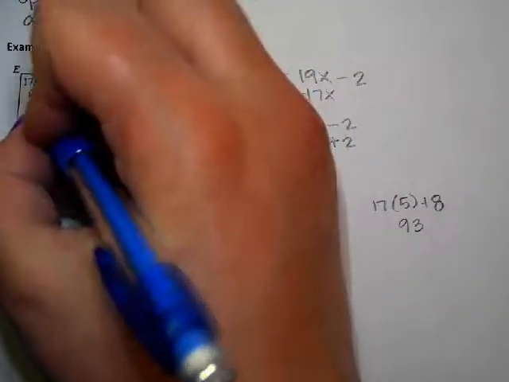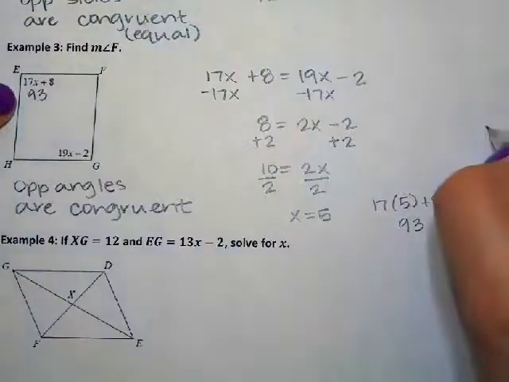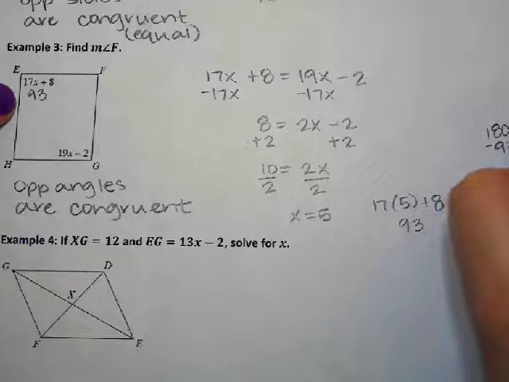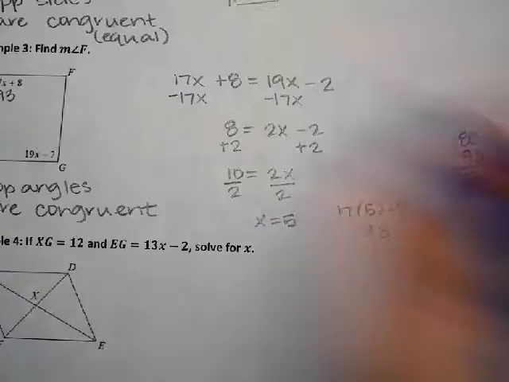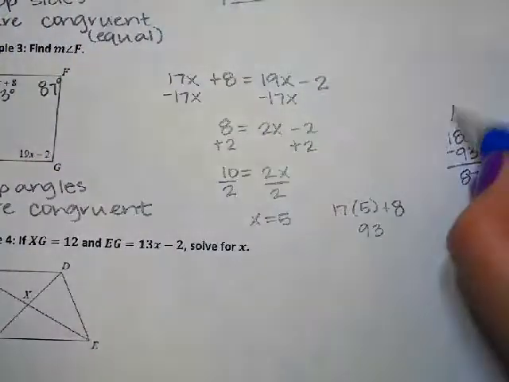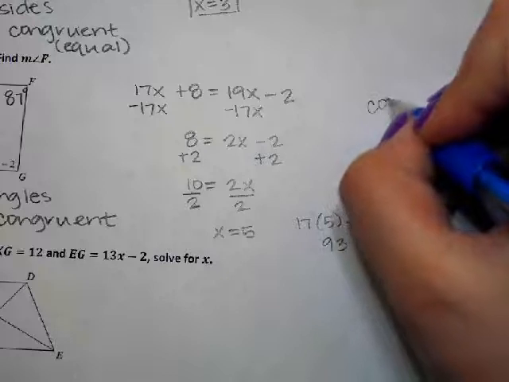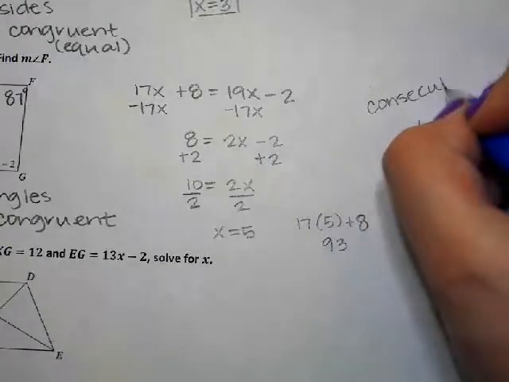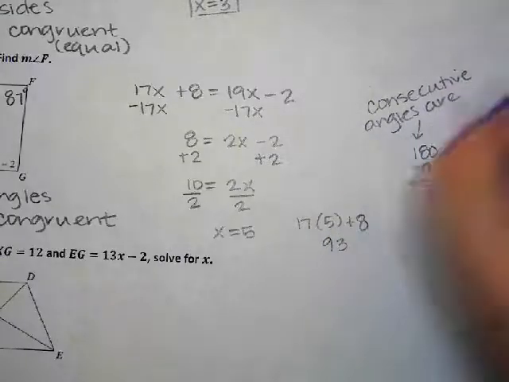And then from there, how would we find F? Okay, 180 minus 93. And what does that equal? 87. Okay. And what property did we use to find that angle F was 87? What property are we using right here? So right here we were using that consecutive angles are supplementary.